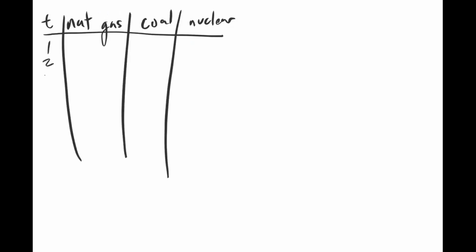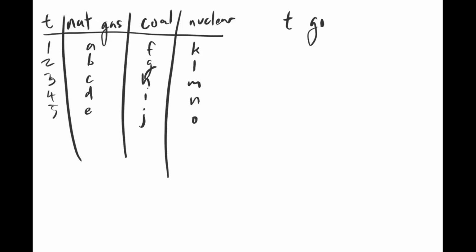So time 1, 2, 3, 4, 5, and then natural gas values A, B, C, D, E, and so on. This is what it might look like in a wide format. I know you know this, but I'll write it out so we can do a comparison.